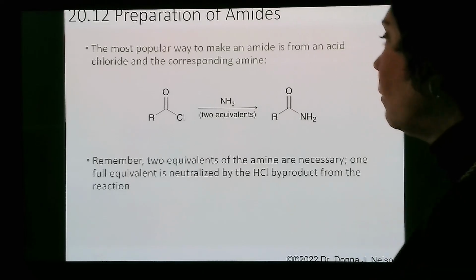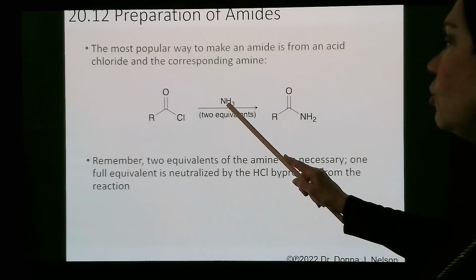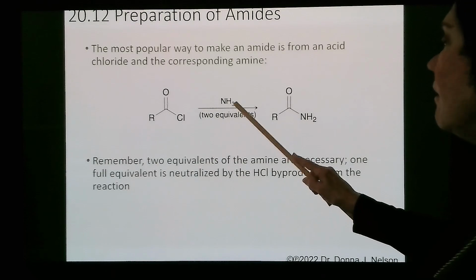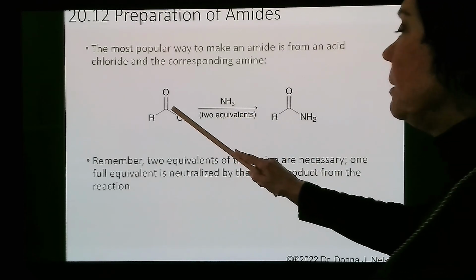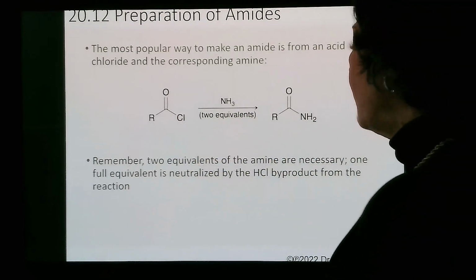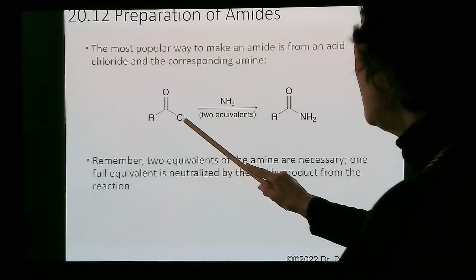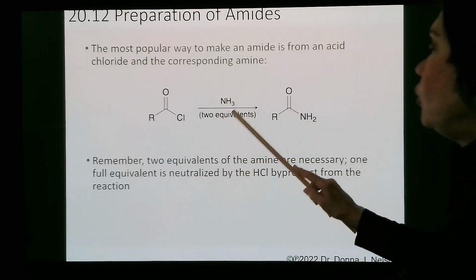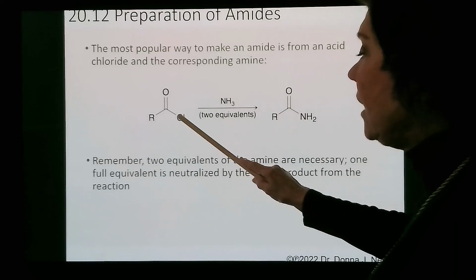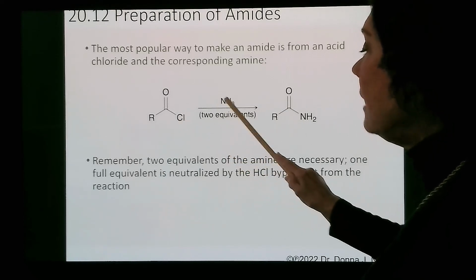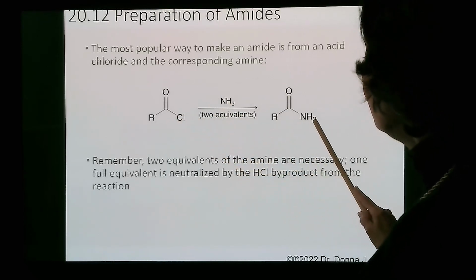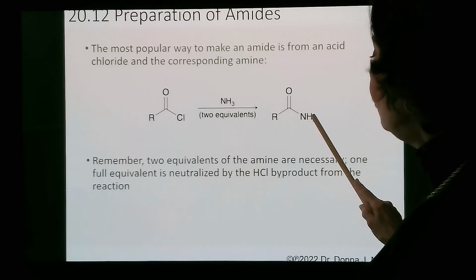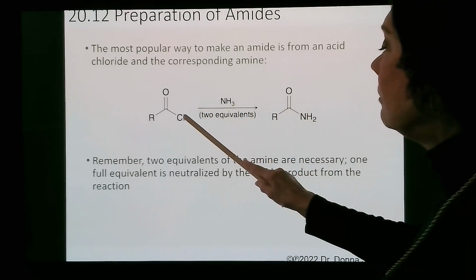The most popular way is using two equivalents of ammonia to simply react with the carboxylic acid chloride. And remember, you're going to be generating HCl. When your NH3 goes in and reacts here, you're going to wind up with NH2, so you're going to have HCl.